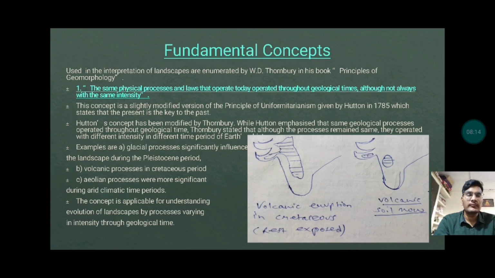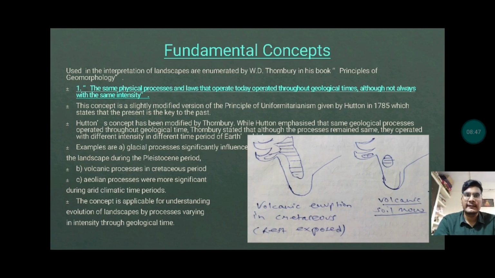The interaction between those glacial ages and the geological structures during that period was different from now. Several outwash plains, eskers, and drumlins were formed during that period. So it was due to the interaction and the intensity of the processes during the Pleistocene period.